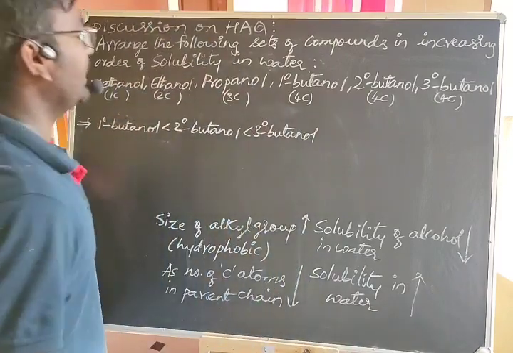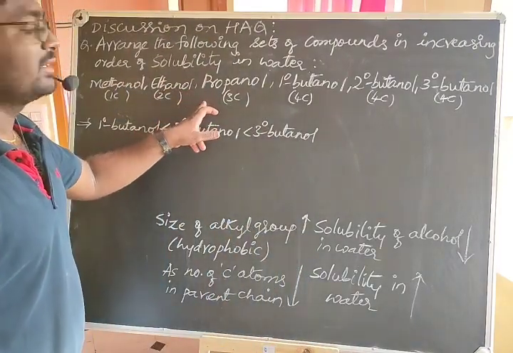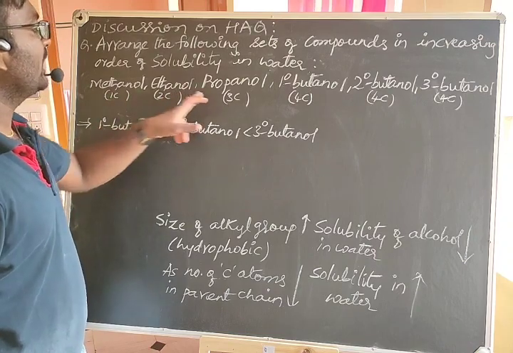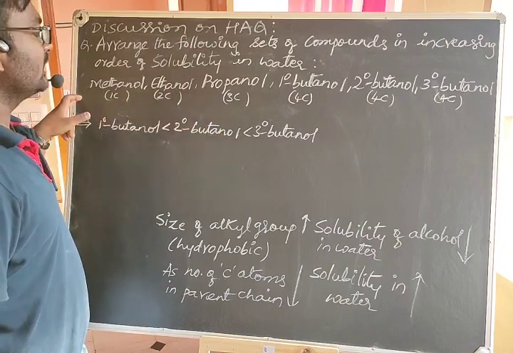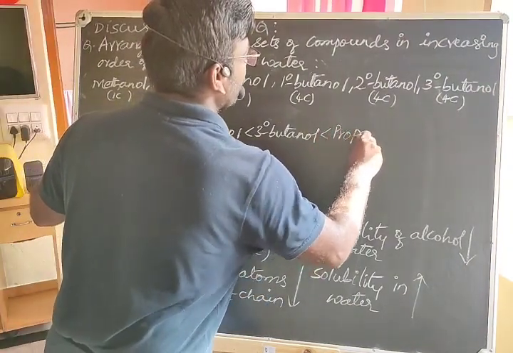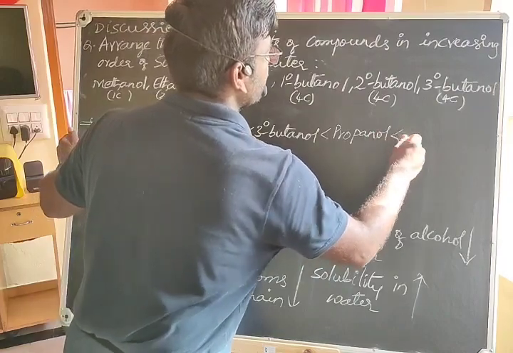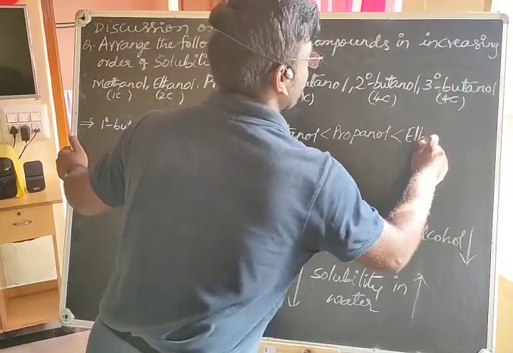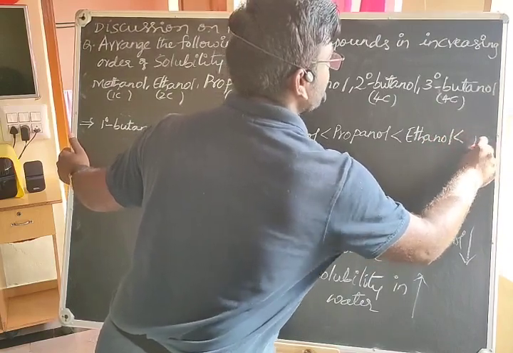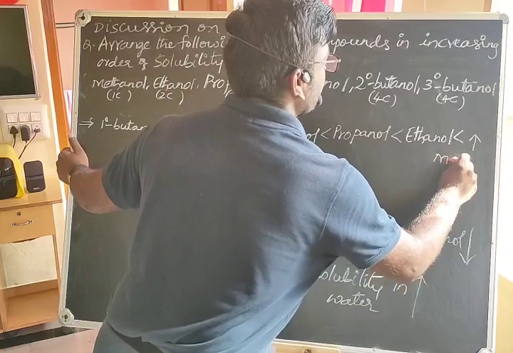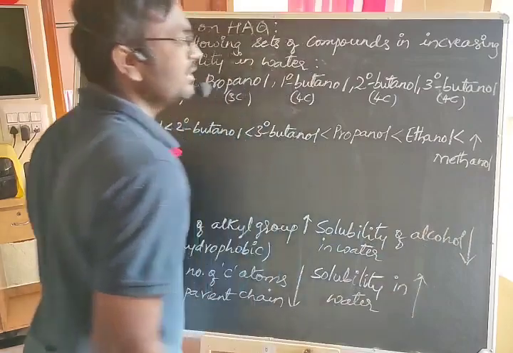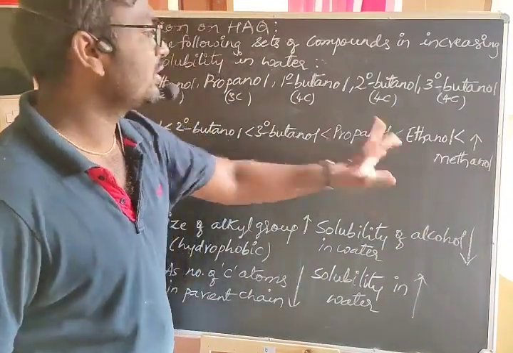With this idea, here there are three carbon atoms, two carbon atoms and one carbon atom. We have to write it in this way. Therefore next is propanol, after this ethanol, and the highest solubility lies with methanol because of its smallest size. It is more soluble in water.